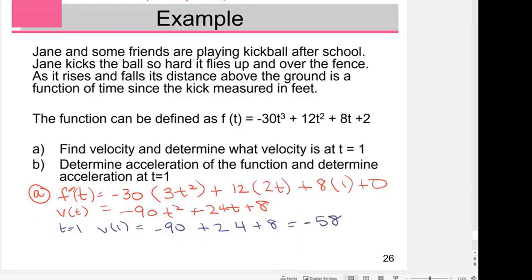And that is velocity, and this is in feet per, and it's not telling us, it just says that t equals 1. We'll have to say 1 minute. So this is feet per minute. But I just made up, if you don't have units, you don't have units.